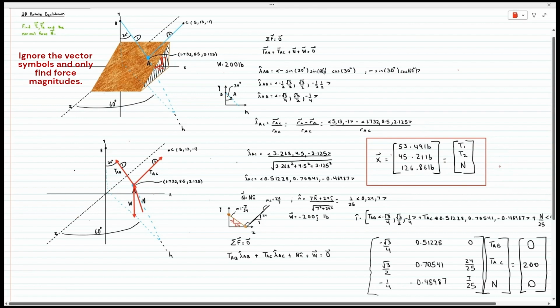The tension 1 is the tension AB. The tension 2 is the tension AC. And the normal force is the last thing, 126 pounds, shown on the bottom.